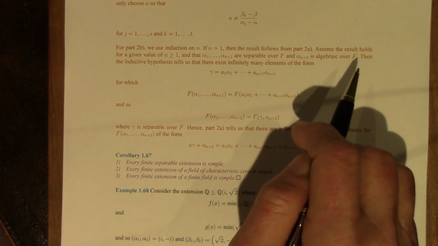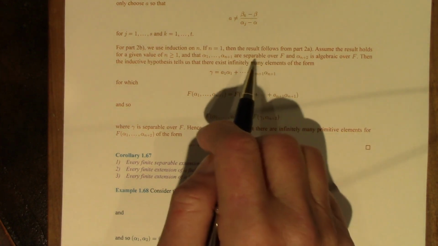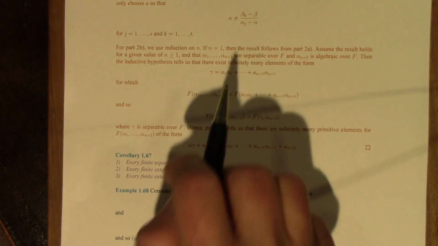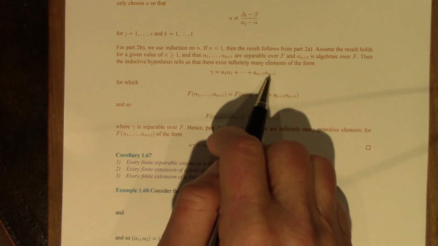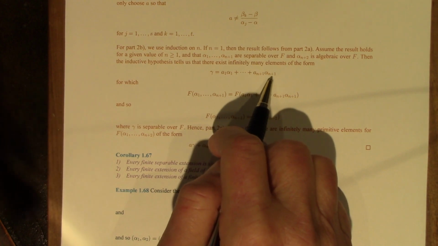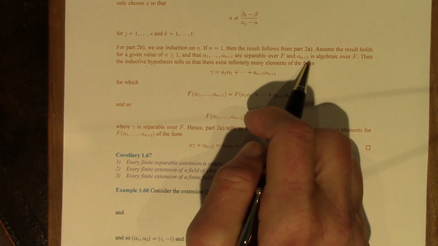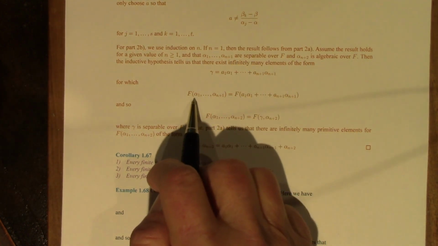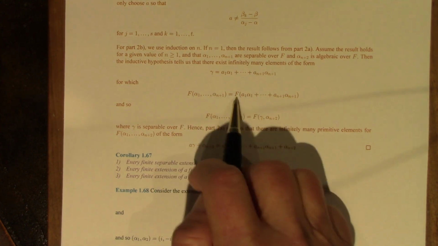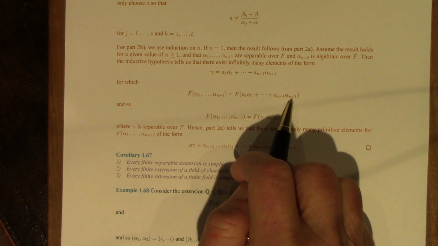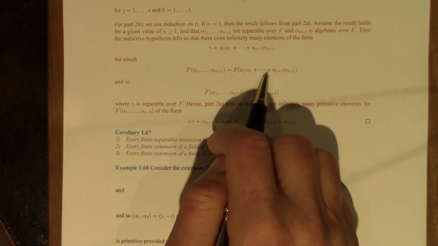Well, the inductive hypothesis tells us that there are infinitely many elements of this form, linear combinations of the alpha 1 through alpha n plus 1, not including the last one, for which f with alpha 1 through alpha n plus 1 adjoined has this form, is simple, and this is a primitive element.